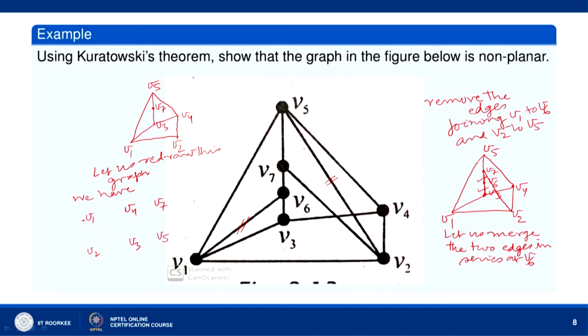So we have B1, B2, and then B1, B3, and then B1, B5, like this. Then B4, B2, B4, B3, B4, B5, and this B2, B7, B7, B3, and B7, B5.